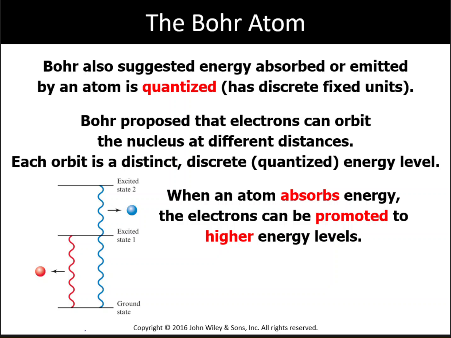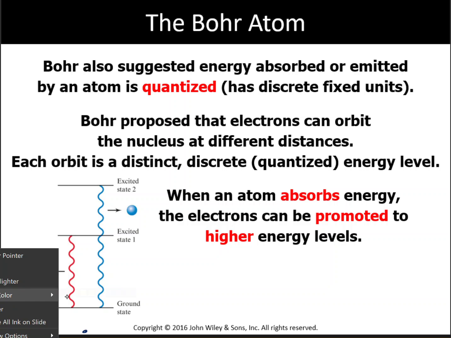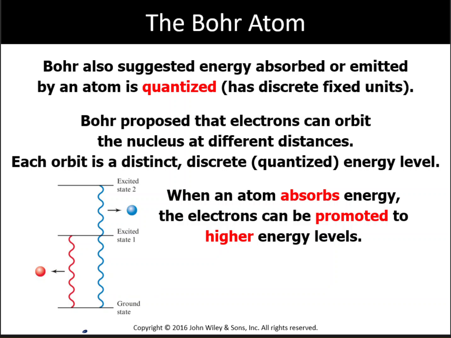Now, the diagram you see here is a representation of the energy levels. Just assume that here is your nucleus. Instead of having those orbits, we're just focusing on a small part of that orbit, so we're just going to do the straight line. Now, the vertical axis, the y-axis, is your energy axis.